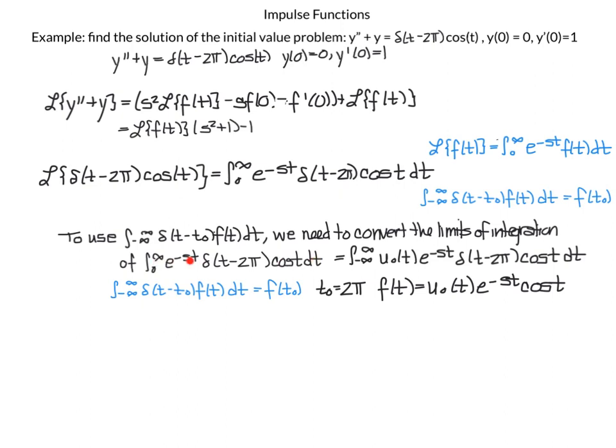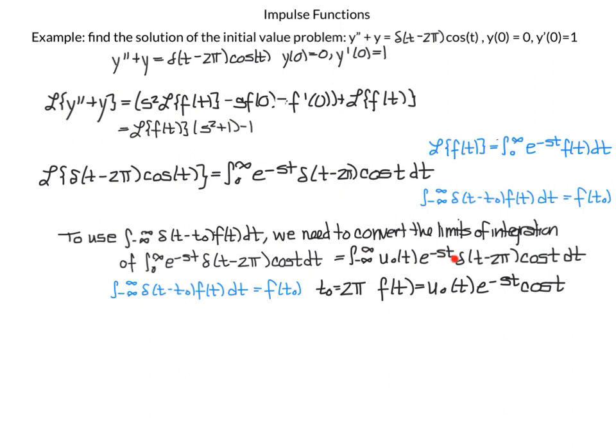So we can rewrite this as a function going from negative infinity to infinity using a step function, this mu of 0, which sets everything before 0 equal to 0. So you can see now that we can convert our Laplace transform integral to something that is of this form, which we can solve with this equation. So I'm going to use that.